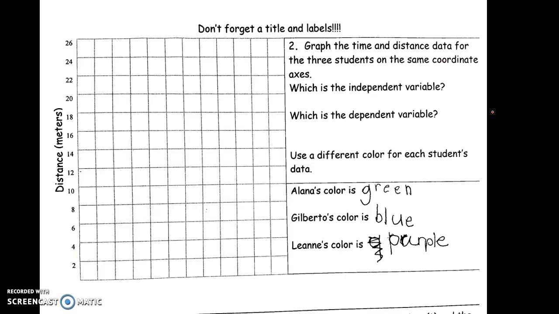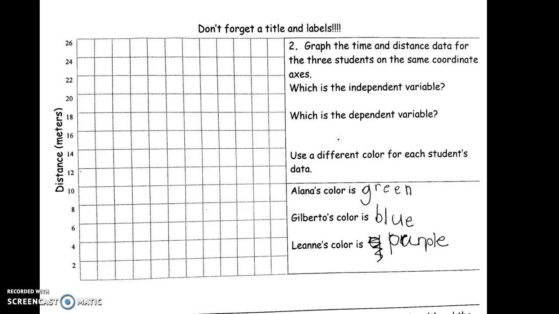So now that we observe the pattern in the table, we're going to make a graph. We're going to make a graph for each of the students. On the graph, it says which is the independent variable and which is the dependent variable.